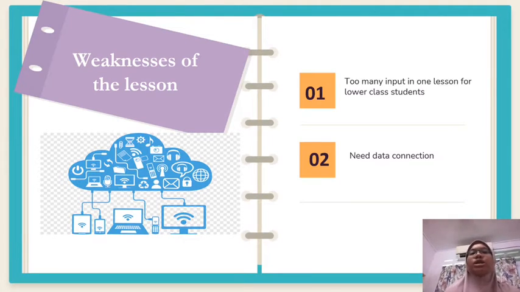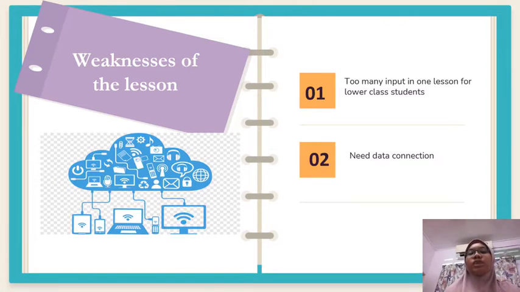The lesson that has been planned cannot be completed in just one class for the lower class students, because it has too many inputs. They have to memorize and understand the names of the planets, understand the criteria of the superlative adjective, and then answer the questions. So it may be hard for them. This is one of the weaknesses of the lesson.